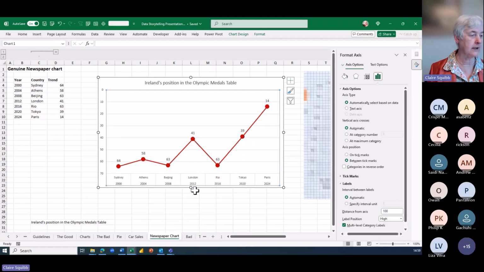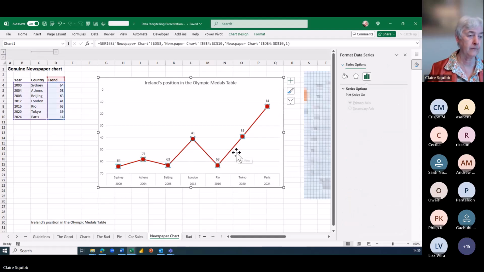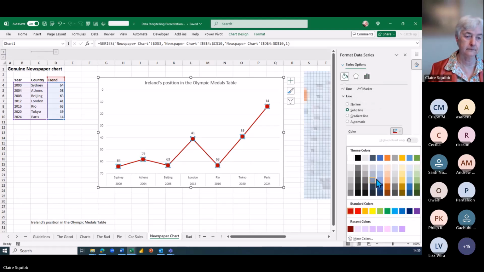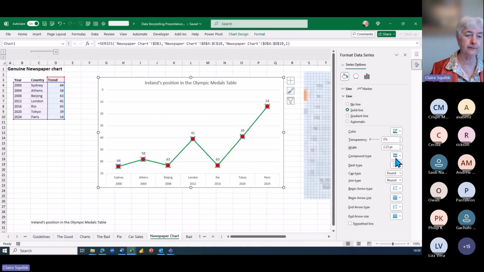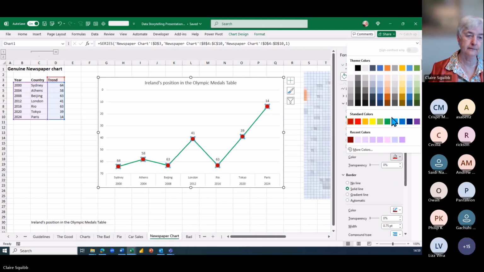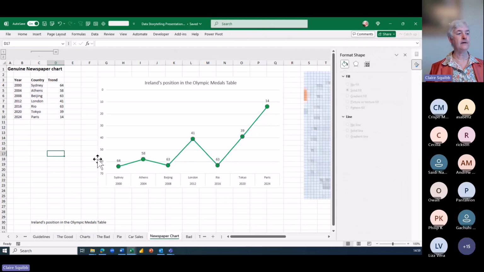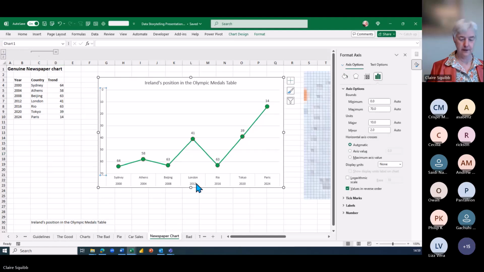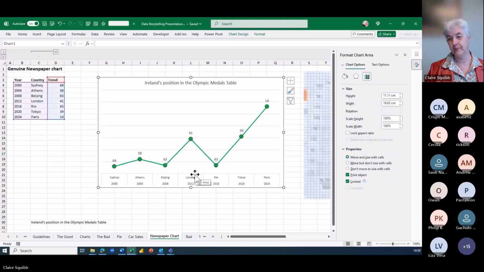So we'll put it next to the high values, and it is Ireland. So I think we can change the color. Because for a start, it's Ireland, and also it's good. So there is that chart, rather improved. They should have presented it like that.